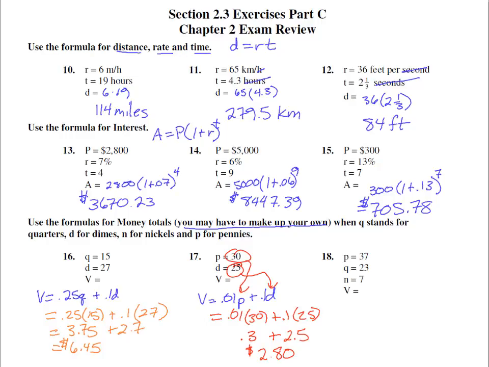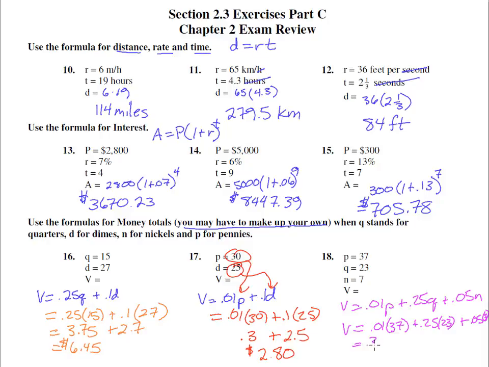And the last one. Here we have a much larger equation. So the value is going to be equal to, we have pennies, so 1 cent for every penny, plus 25 cents for every quarter, since we're having quarters, and nickels, so that we have 5 cents for every nickel. Inserting the number of pennies, quarters, and nickels into that formula, we get that the value is going to be equal to 0.01 times 37 plus 0.25 times 23 plus 0.05 times 7.